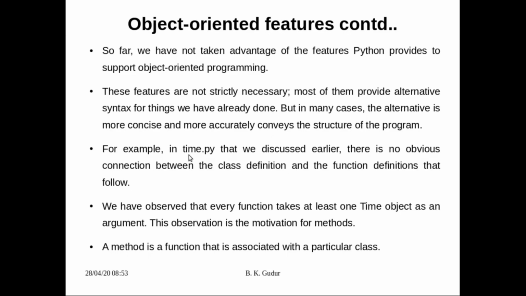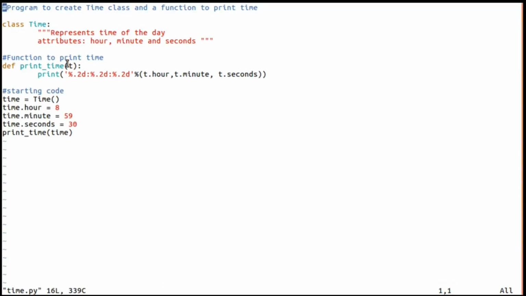For example, in time.py, which we discussed earlier, there is no obvious connection between the class definition and the function definitions that follow. Let me show you that particular program, time.py, so that you will understand it. In it, this is a class definition and this is a function definition.